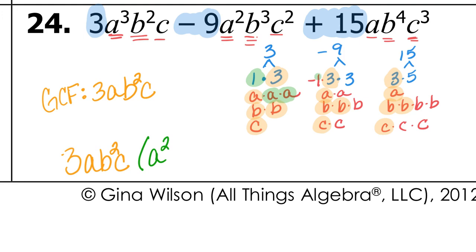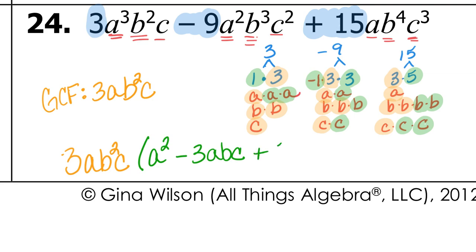In my second term, I have the negative sign to remind myself it's negative, a 3, an A, a B, and a C. So that leaves me a negative 3, A, B, and a C. And lastly, I have a 5, 2 B's, and 2 C's.